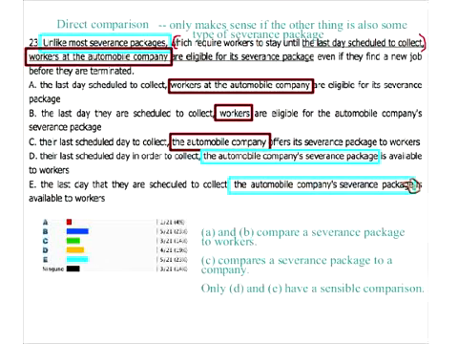So the main point here today is for you to get down to D and E. I'll do a really super quick discussion of the difference between D and E. If you say "the last day that they are scheduled to collect," that's problematic because it implies that people are collecting days.